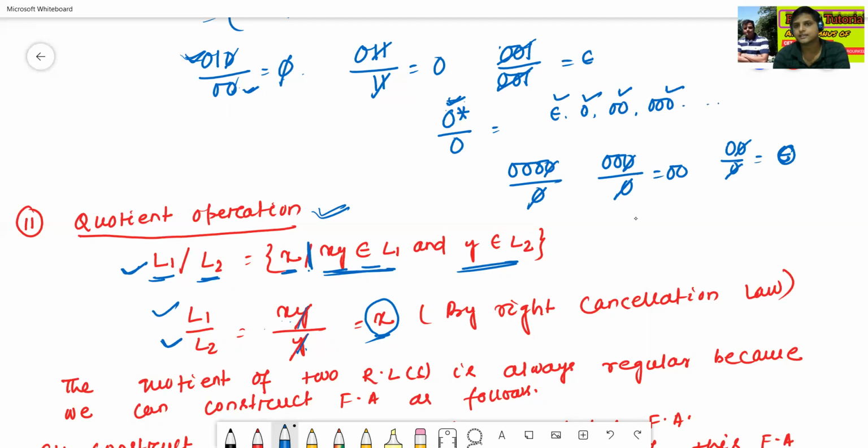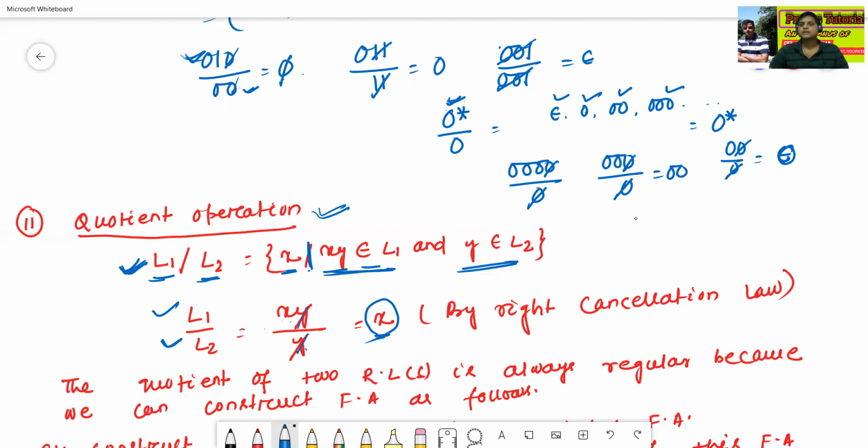So this one is nothing but 0 star. In this way, we can take some examples of quotient operation.